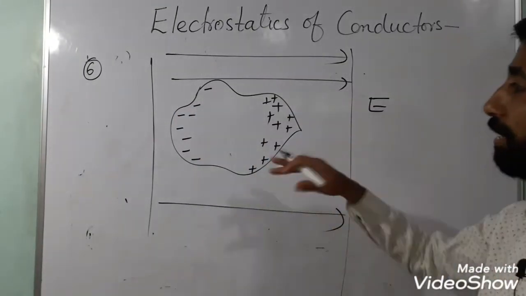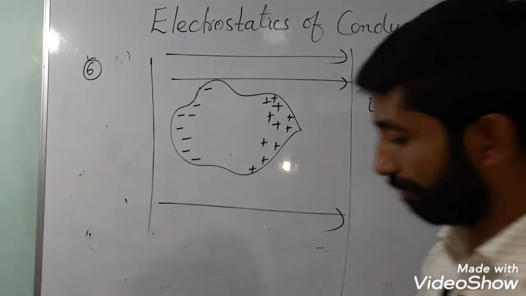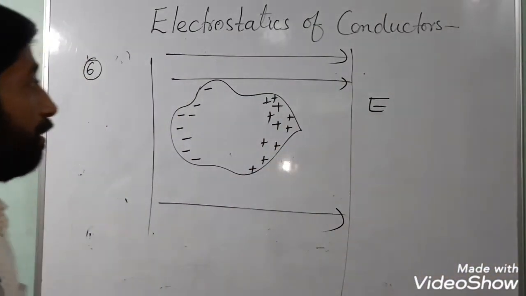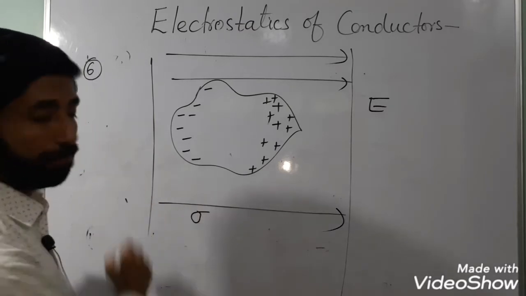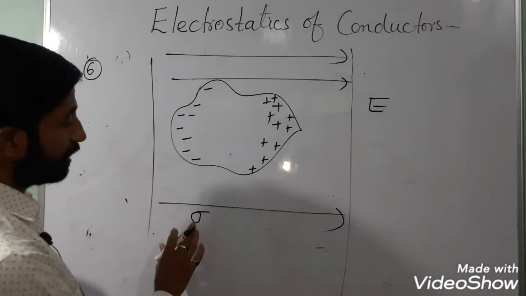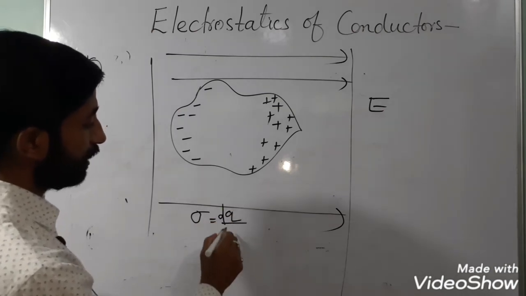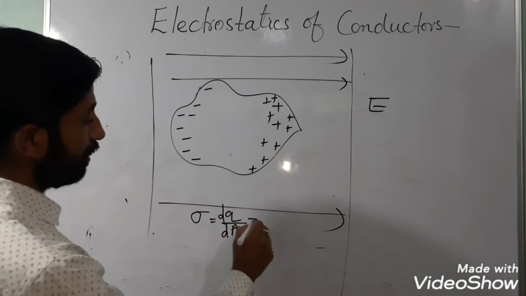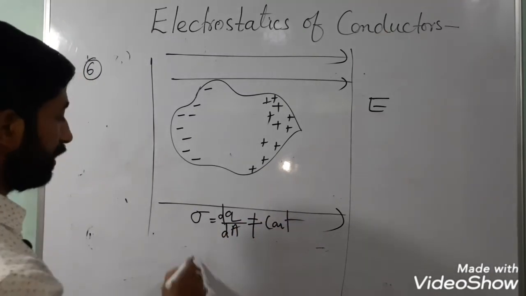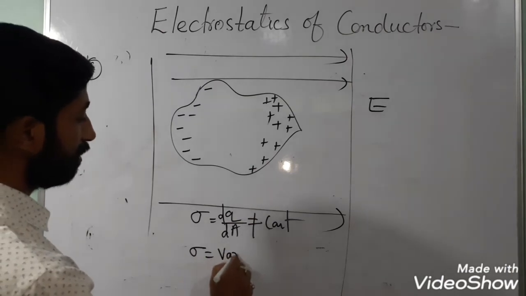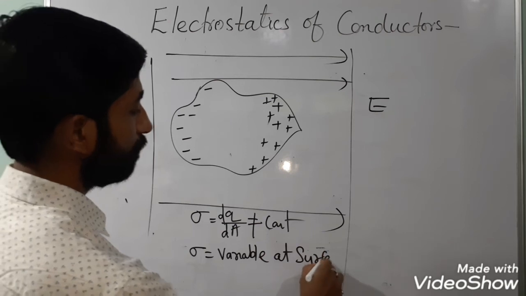According to the first property, when this is placed in an electric field, charges inside it rearrange themselves. Now it says that the charge density sigma, that is dQ upon dA, is not a constant. Rather, sigma is a variable at the surface.